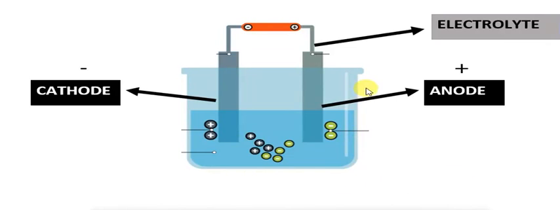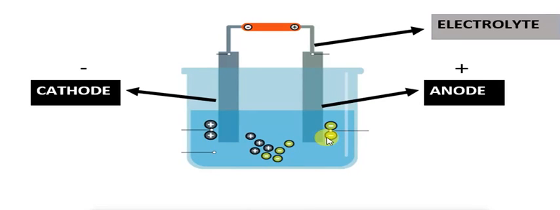For electrolysis, there is a beaker which contains the electrolyte. The electrolyte contains an ionic compound or an acid or an alkali, all of them in aqueous state. As we all know, in aqueous state they consist of cations and anions. When electricity is passed through them, the cations move towards the cathode and the anions move towards the anode.